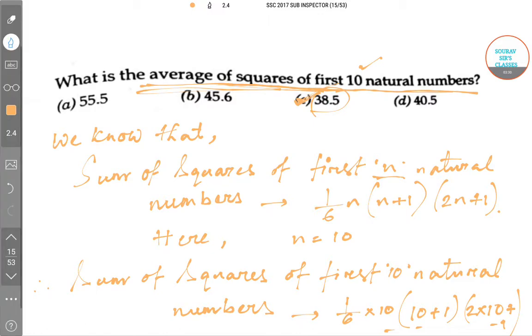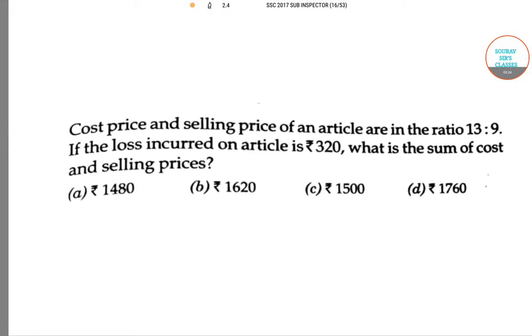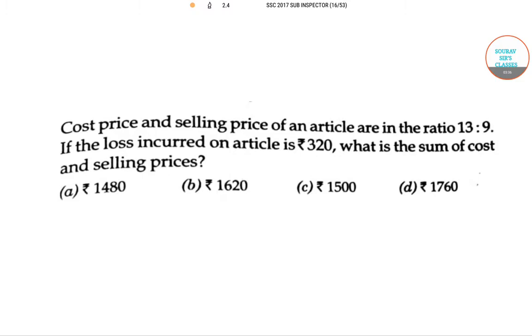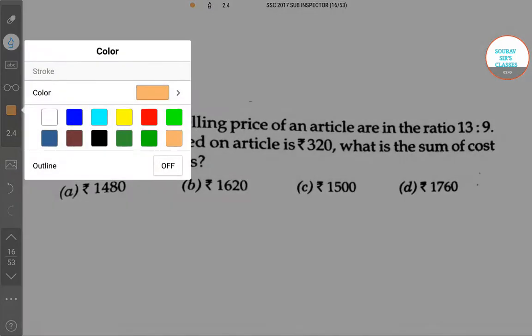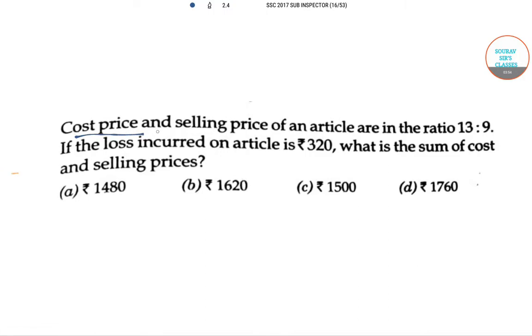Okay, now let's go to our next question. Let's see what the question is. Cost price and selling price of an article are in the ratio 13:9. So the ratio of the cost price and the selling price of a product is 13:9.